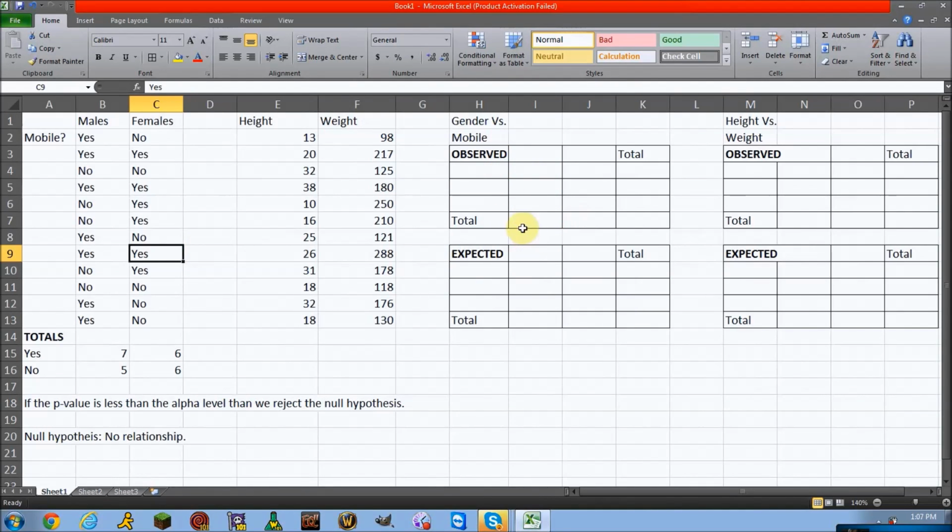First, we need to make categories. Genders. We're going to type in males, females, yes, no. And let's move this down actually.